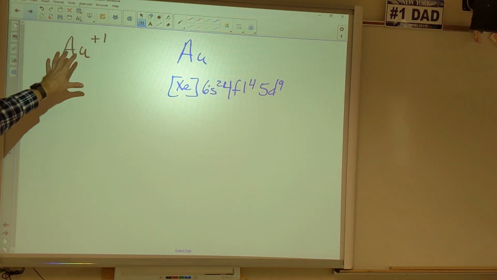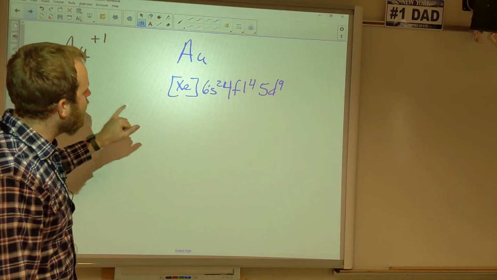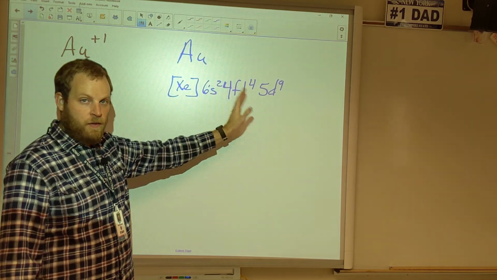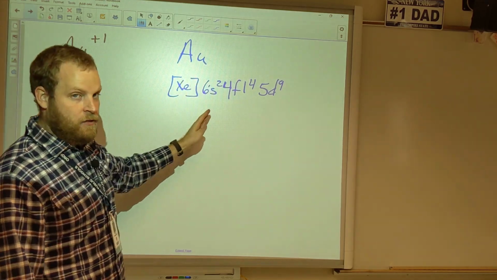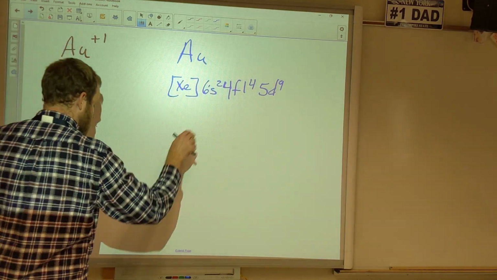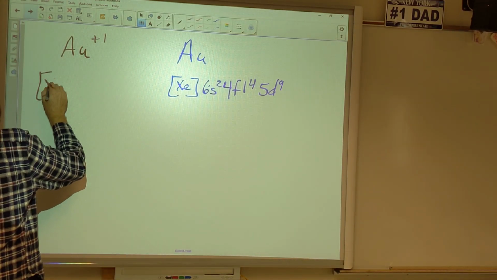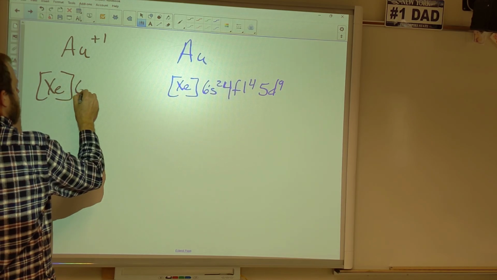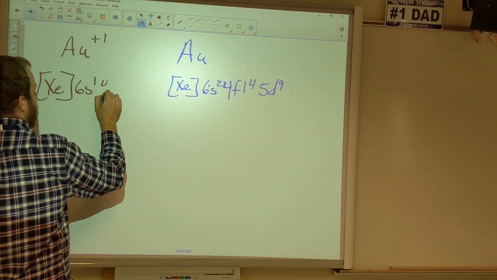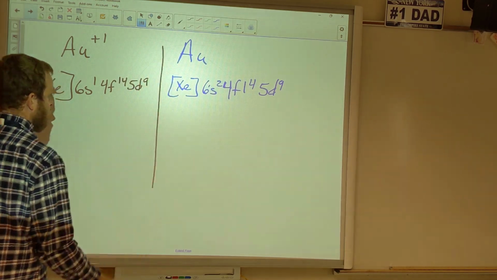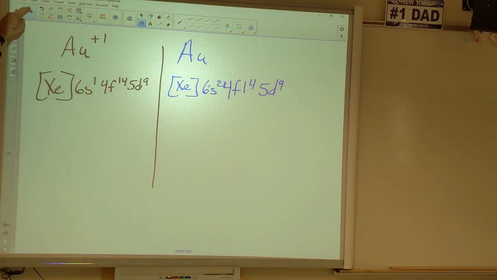If I want to make it gold +1, I need to lose one electron, and I lose an s electron, not a d electron. Leave everything else alone, remove the s if you have d electrons. So then this one would just be xenon again, if we're saving time, 6s1, 4f14, 5d9. And that's that. I think we're done. Great job.